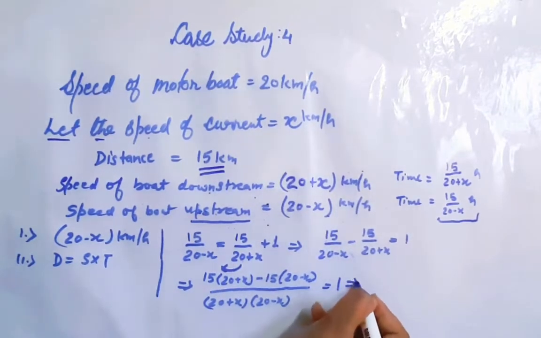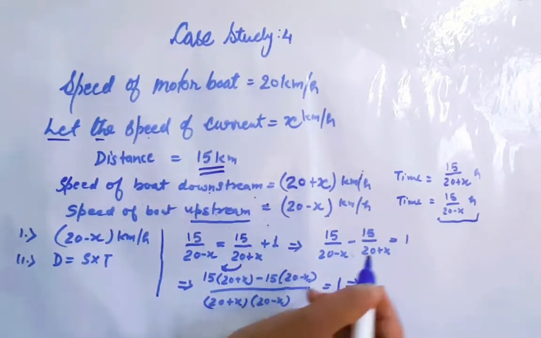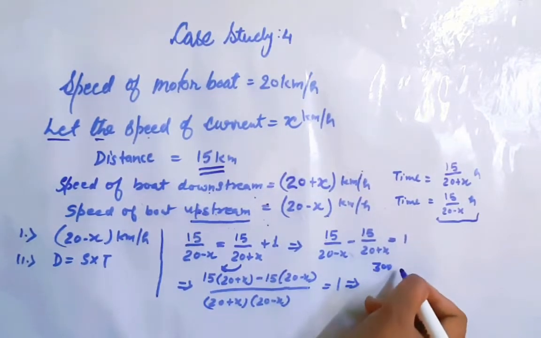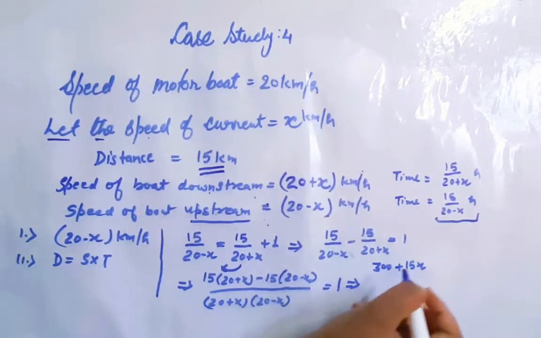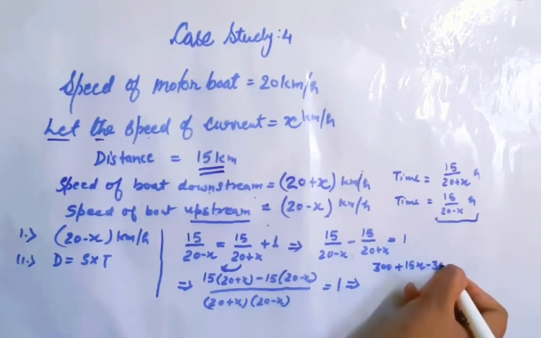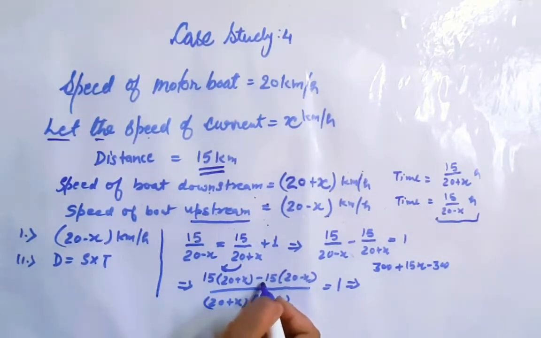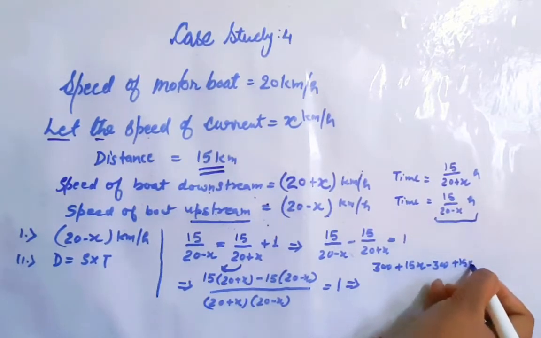Simplify it now. In the numerator we have 15 times 20, so it will be 300, plus 15x, minus 300, minus 15 into minus x will be plus 15x.